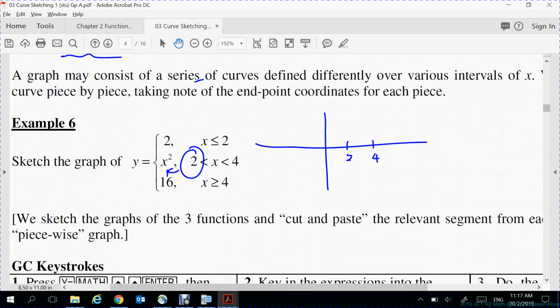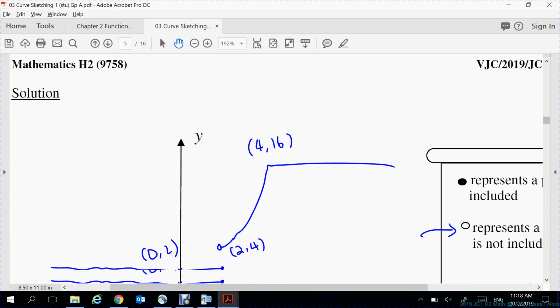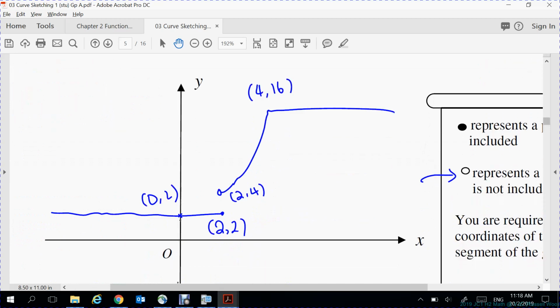Let's look at here very carefully. When x is 2, y is clearly 2 because this inequality sign is strictly greater than. Follow what I'm saying? So you don't look at 2 here, but at 2.001, then you use this definition. So you have to have an open circle. Can? All good? Okay. Very good.